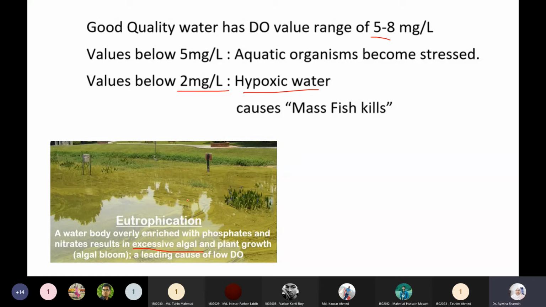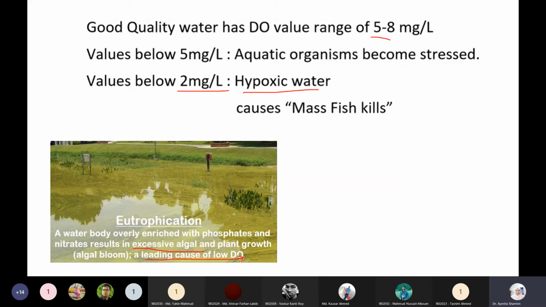But the problem is, as they grow in such amounts, at some depth the sunlight doesn't get inside. Okay, so they start to die. And when the mass die-off starts, that's when they need so much oxygen to convert themselves into their different oxidized products. So that's when they start to deplete the DO.